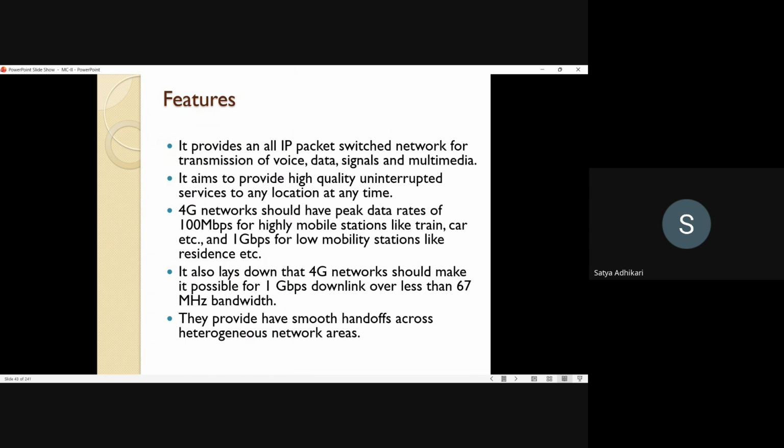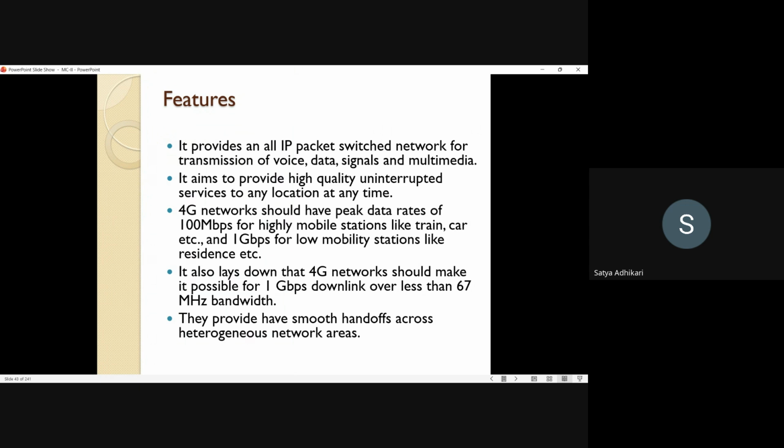It aims to provide high quality uninterrupted services, irrespective of any location or at any time. 4G networks should have peak data rates of 100 Mbps for highly mobile stations like train, car.